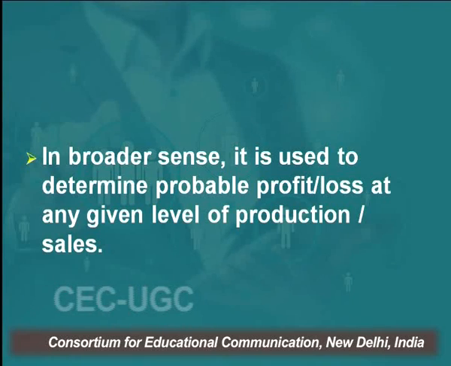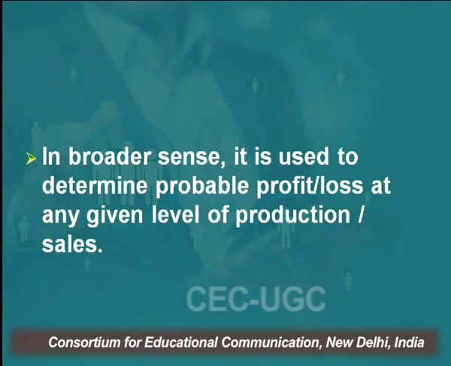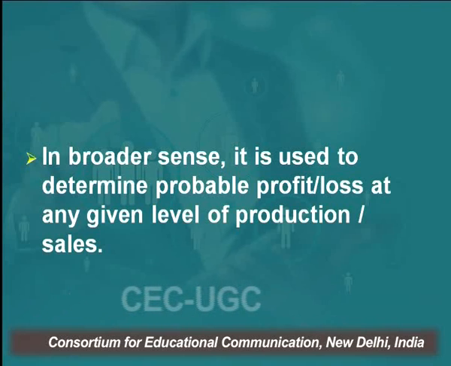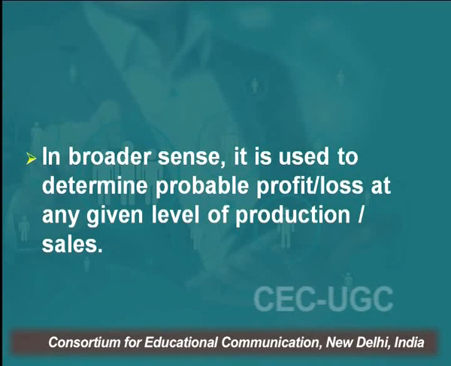In a broader sense, it is used to determine the probable profit or loss at a given level of production or sales. I am talking of the break-even analysis. So break-even analysis in its broader sense is understood as calculating the profit or loss at different levels of output or sales.